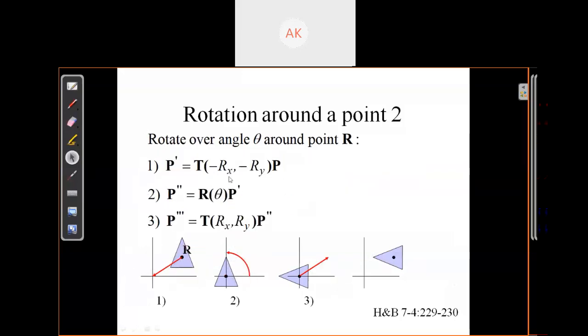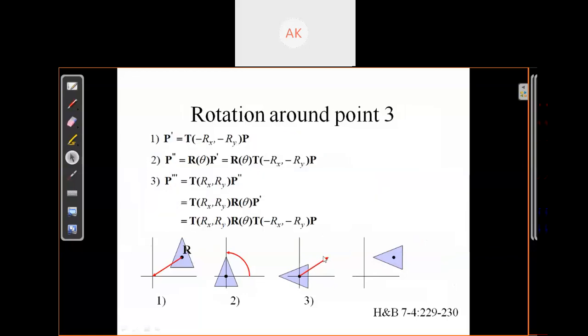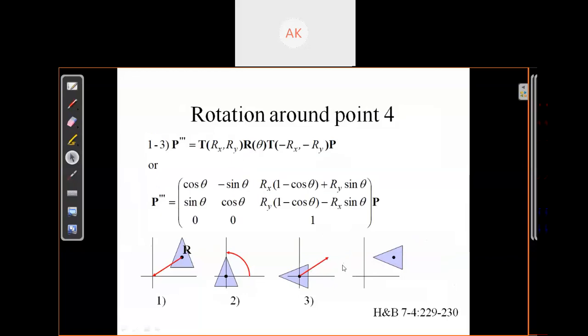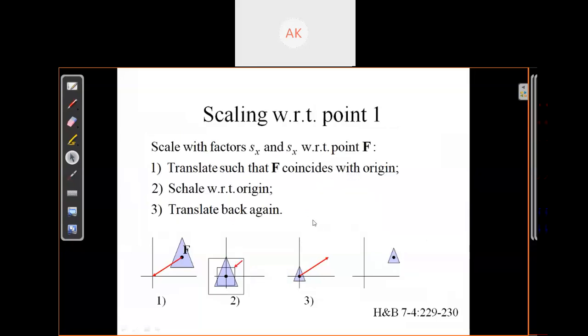You can see this formula you will apply: first translate your object so the rotational point is the origin using this equation, then rotate the object with angle theta, then translate the object back to the original position. This is the matrix we will get after the multiplication of these three.